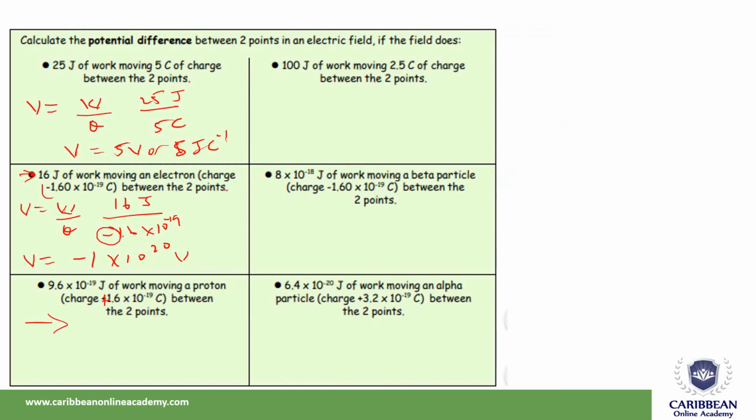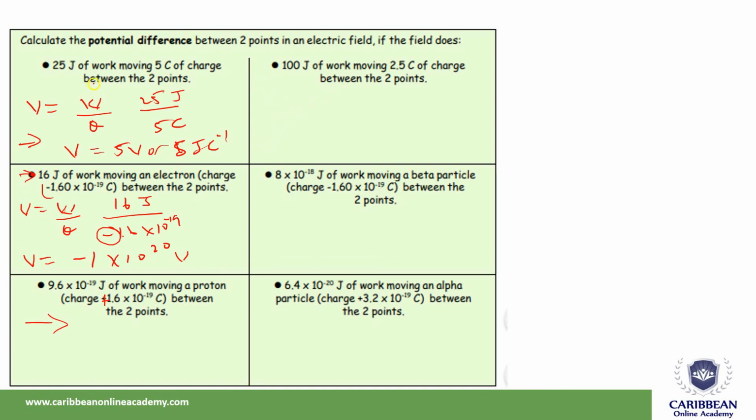Just a few simple questions here. Seeing that this one is already done, we can try this one on the side. It says that 100 joules of work move 2.5 coulombs of charge between 2 points. So in a sense, we are trying to find that potential difference between the 2 points.